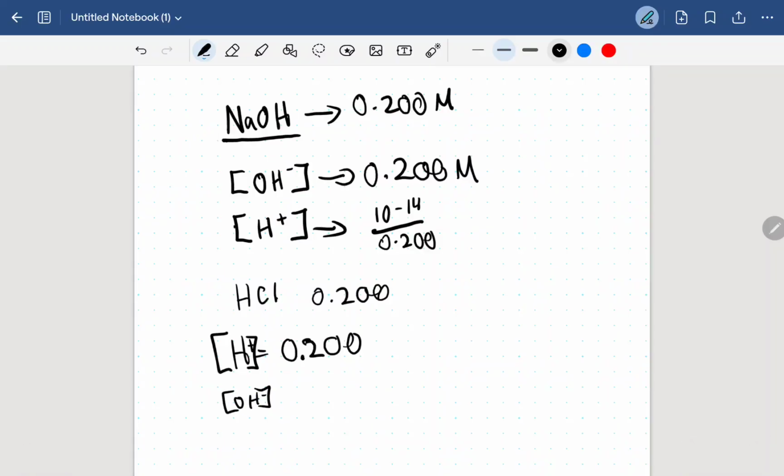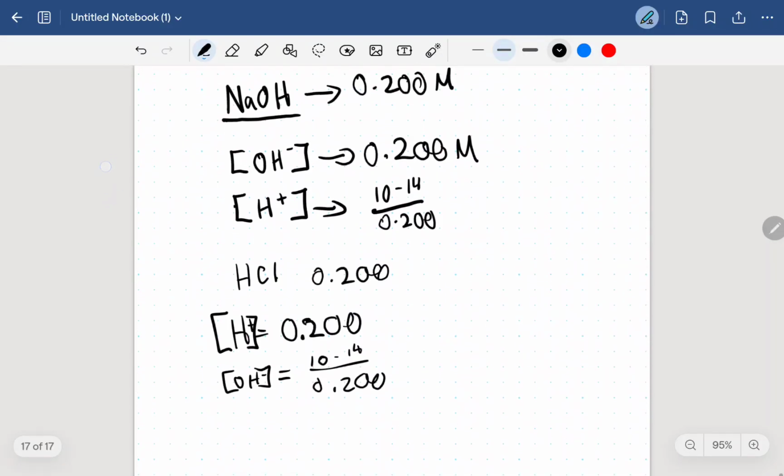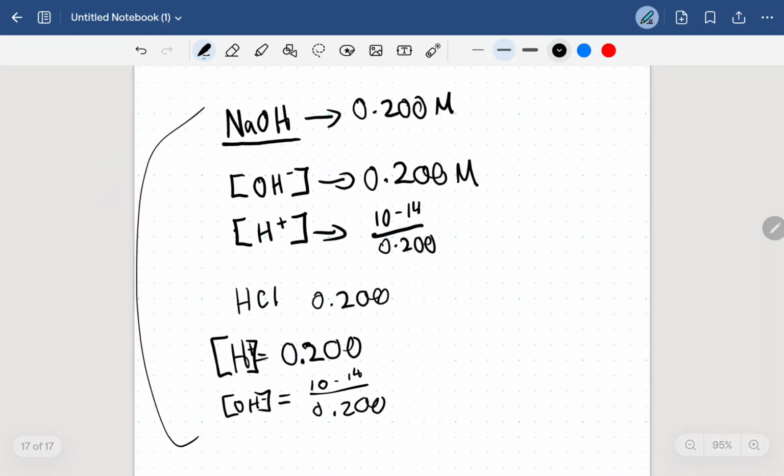So they're kind of reversing, okay? It would be 10 power negative 14 over 0.200. See what I mean? I think Tariq made a video about this in yesterday's quiz. Watch that. There are many questions that have this formula in them. Solve them, you'll be good.